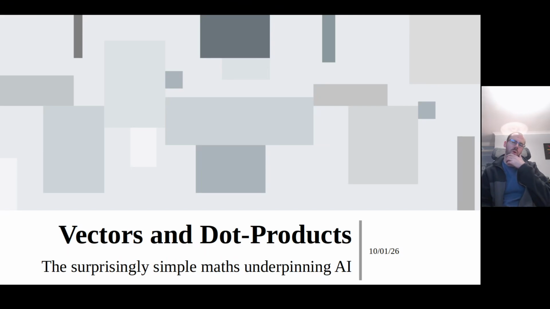There's all sorts of huge books on it. But what I eventually realized is that the actual most important concepts are surprisingly simple. And if you just learn and understand vectors and dot products, it gets you almost 50% of the way there to understanding artificial neural networks. So we're going to cover vectors and dot products.